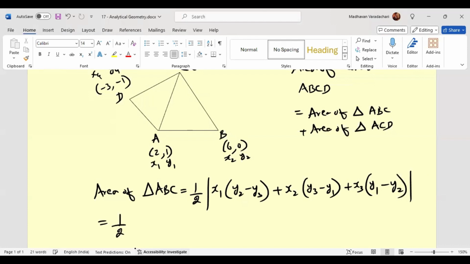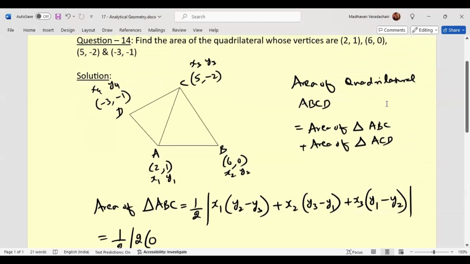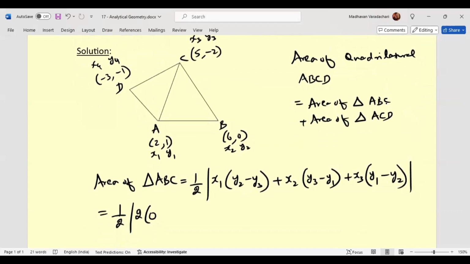So now substituting the values. x1 is 2 and then y2 is 0, y3 is -2. So minus of -2 becomes +2.